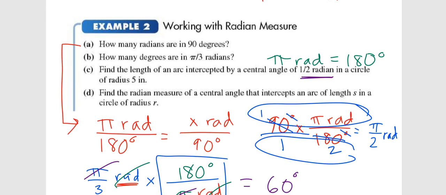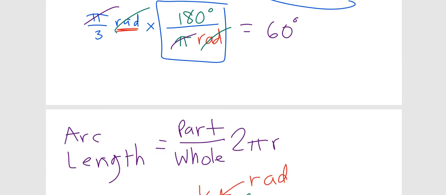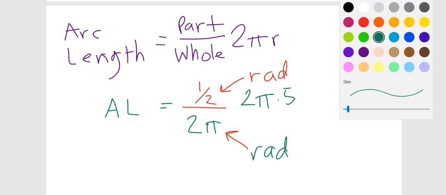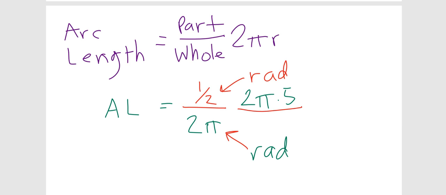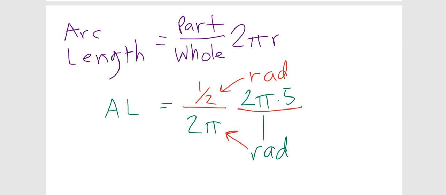What did they give me as the radius for part C? 5 inches. By the way, what is the denominator right there underneath the 2 pi times 5? It's a 1, thank you very much.